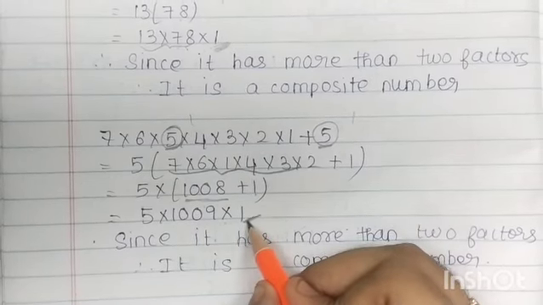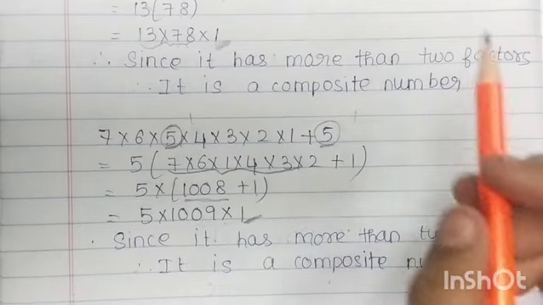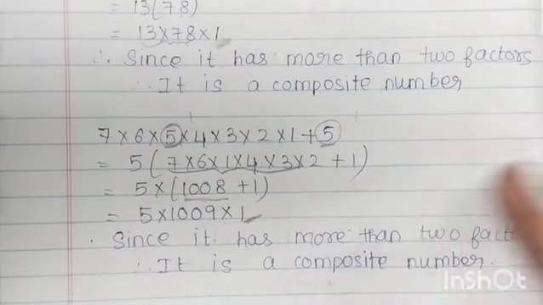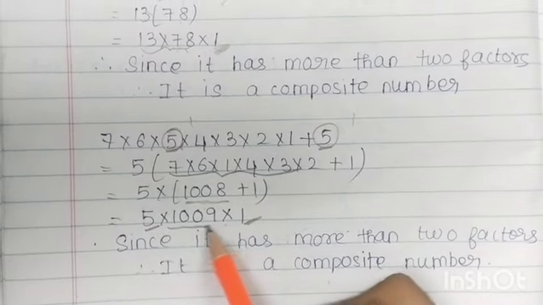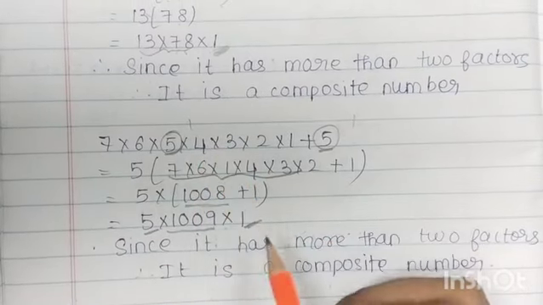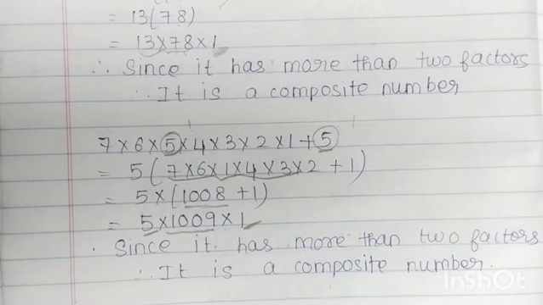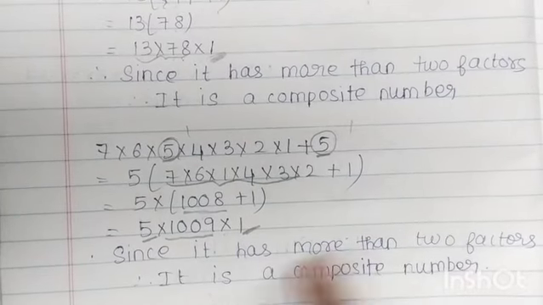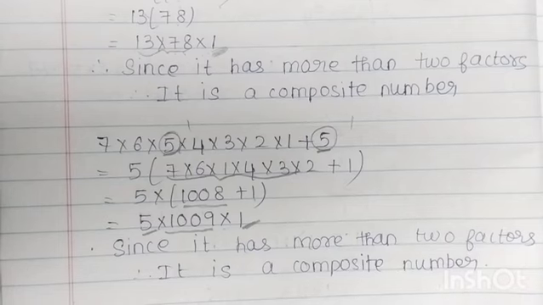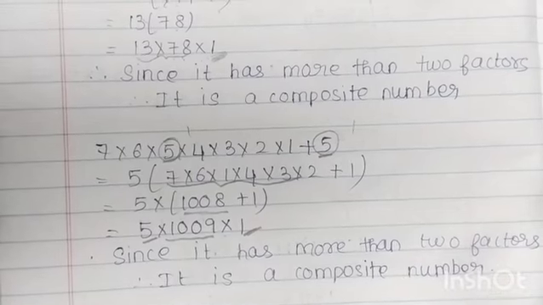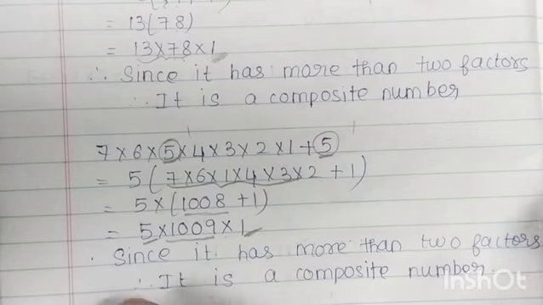I'm including 1 to satisfy the criteria that a composite number must have more than 2 factors. These both numbers I got from my question itself, and 1 I have just included. Since it has more than 2 factors, it is a composite number. Clear? So the main idea is a composite number must have more than 2 factors.